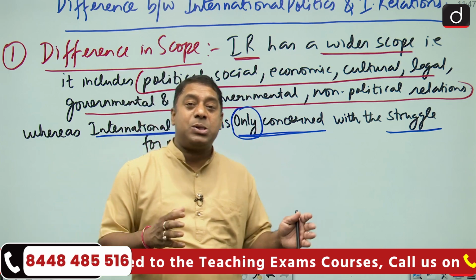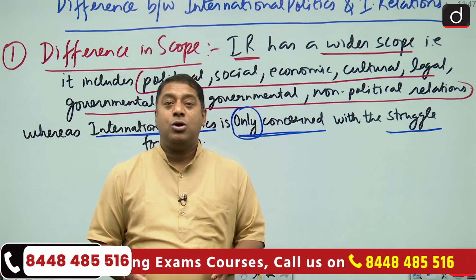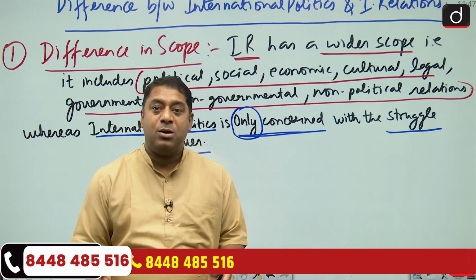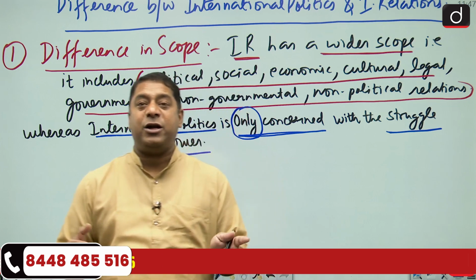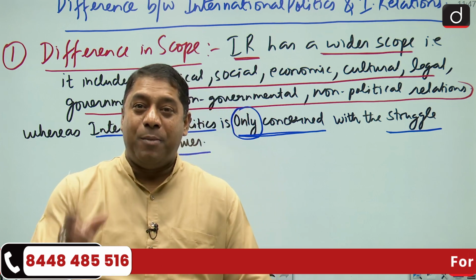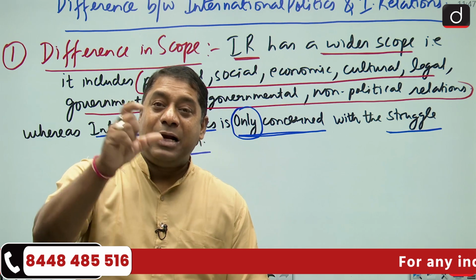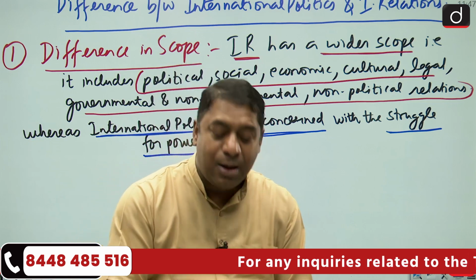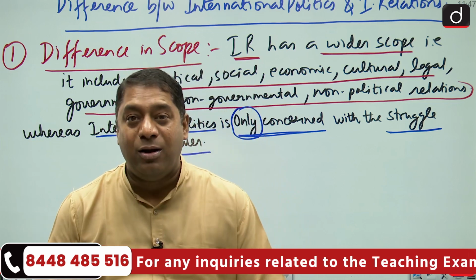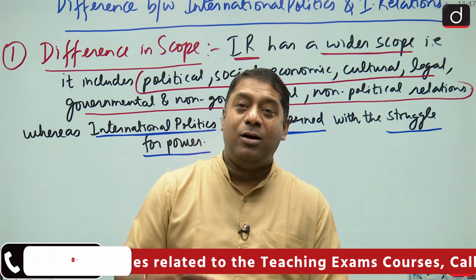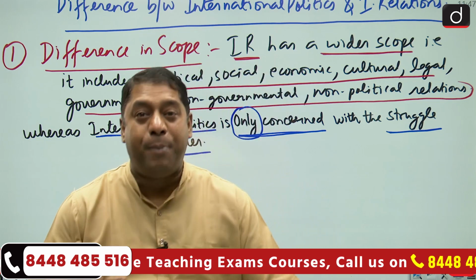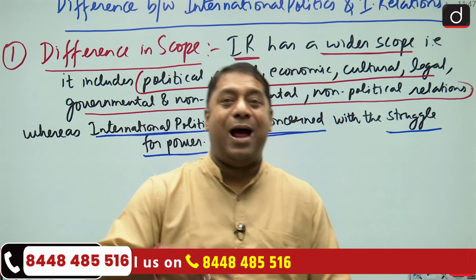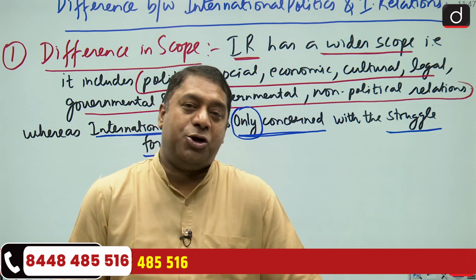This struggle for power is through conflicts and wars among the different nations. तो इंटरनेशनल पॉलिटिक्स का अल्टीमेट एम क्या हो गया? It is becoming powerful by struggling for power, and that struggle for power is through conflicts and wars between the nations.